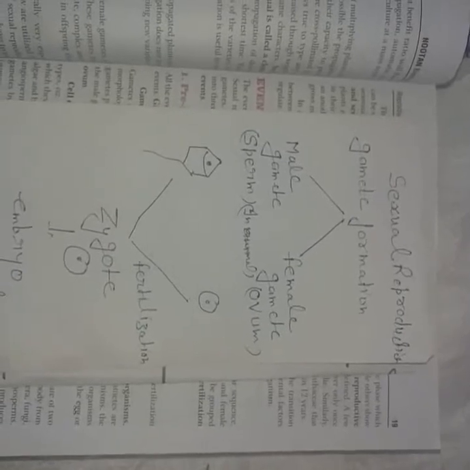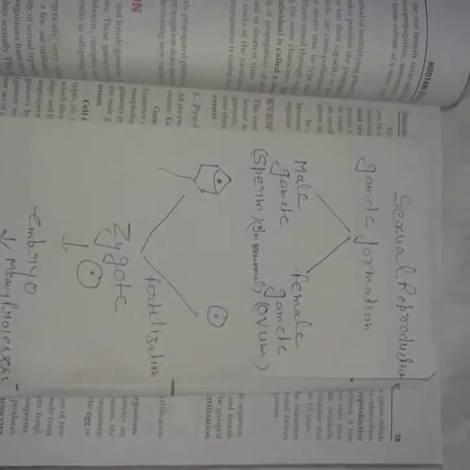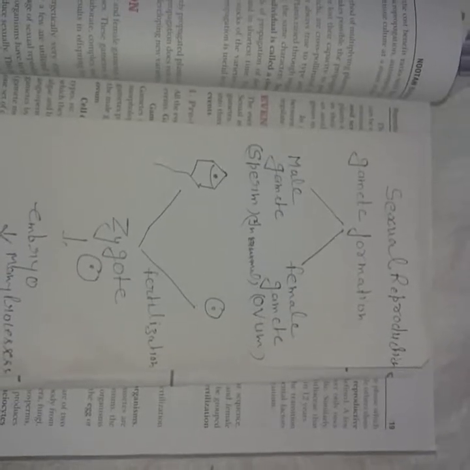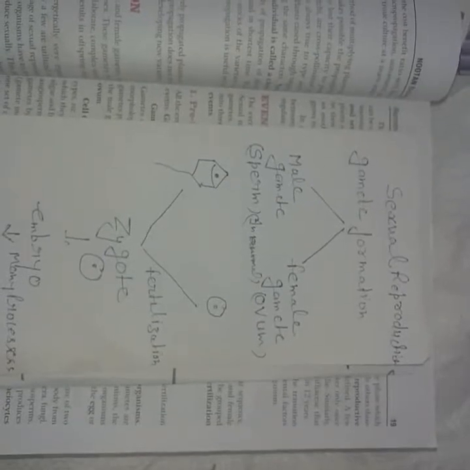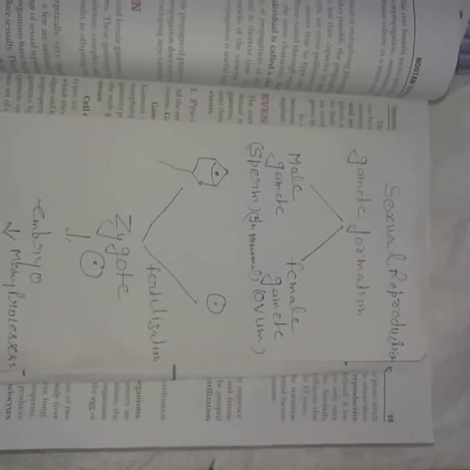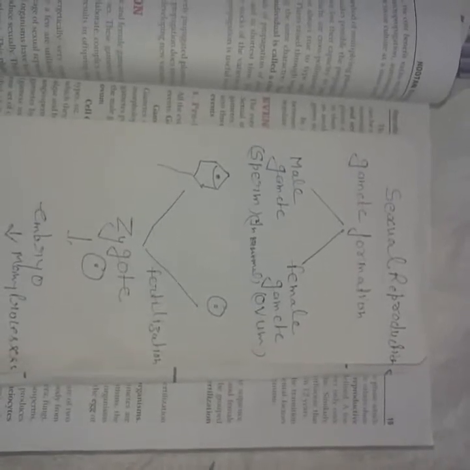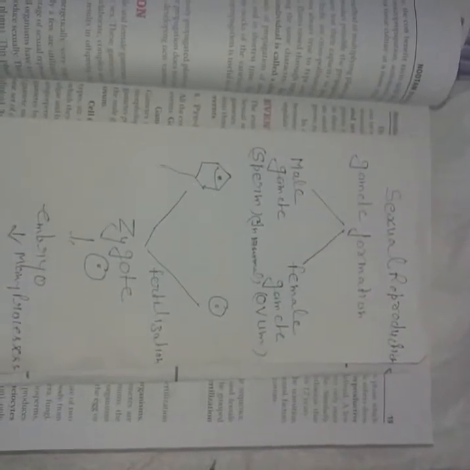The number of chromosomes in male and female gametes is fixed in all animals and plants. In human beings, 46 chromosomes are present in the nucleus. These chromosomes help in the formation of a sperm or ovum.